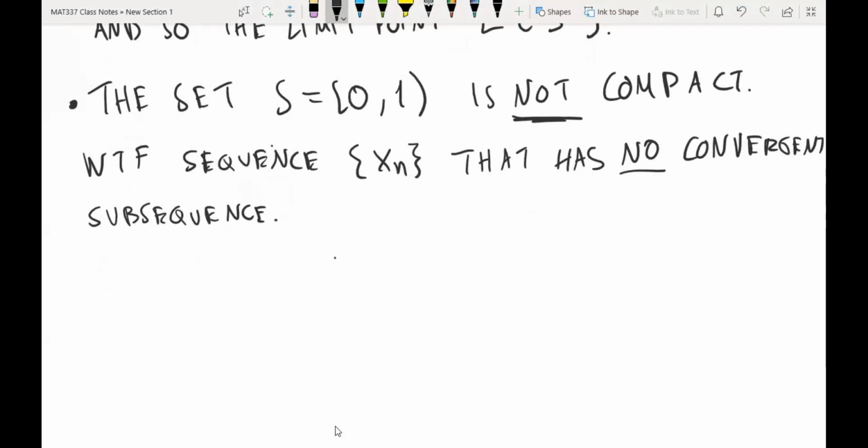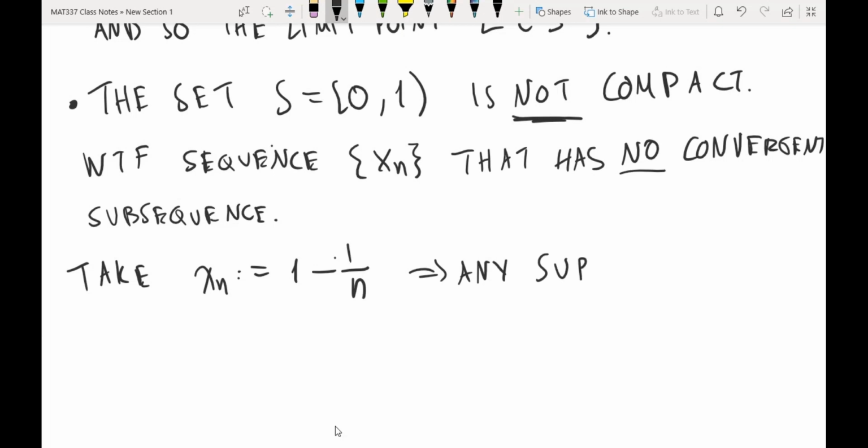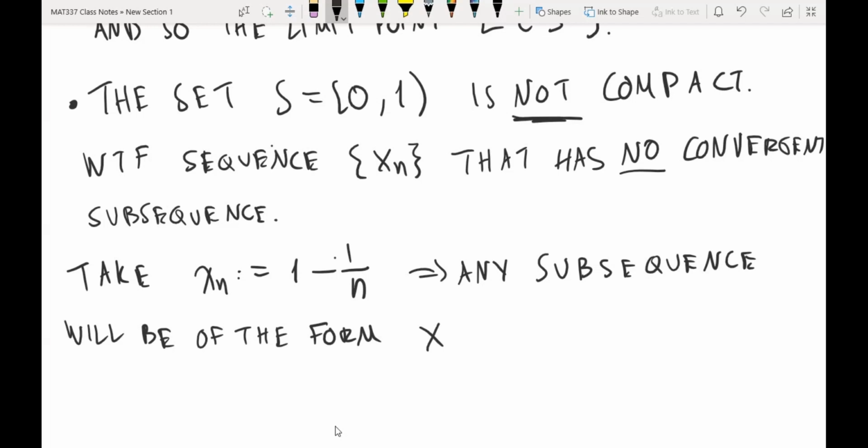One good choice is to take x_n to be 1 minus 1 over n. Any subsequence will be of the form x_{n_k} = 1 - 1/n_k, where n_k goes to plus infinity.